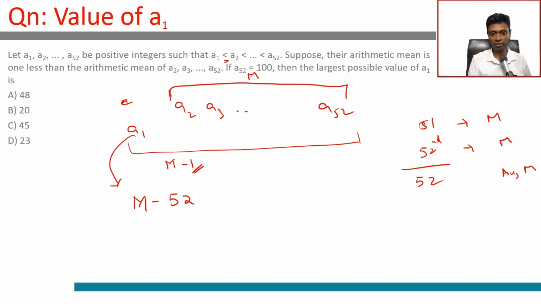Average of these 51 is m, and then you add one more. If that were m minus 52, then from an average of m, you're taking 1 on an average from each of the 52, the average would become m minus 1.